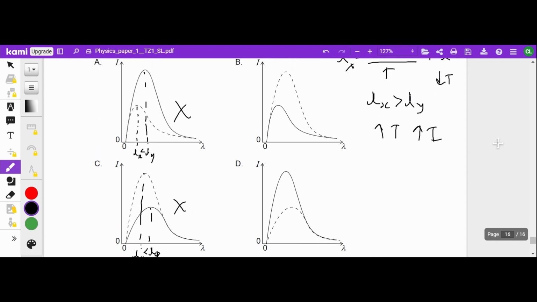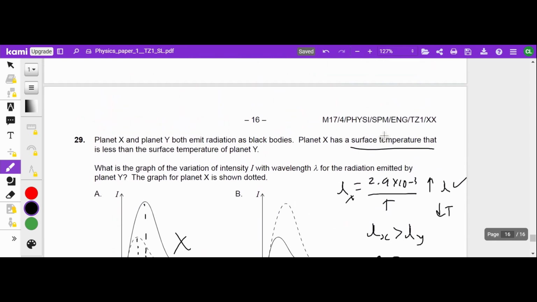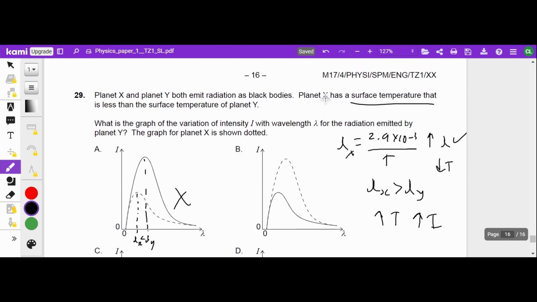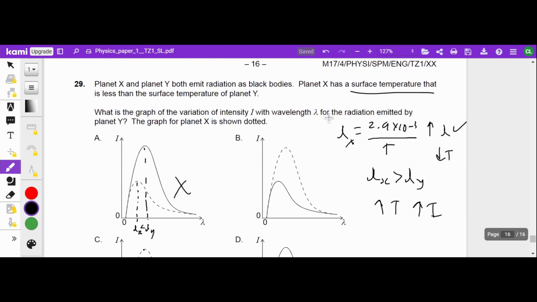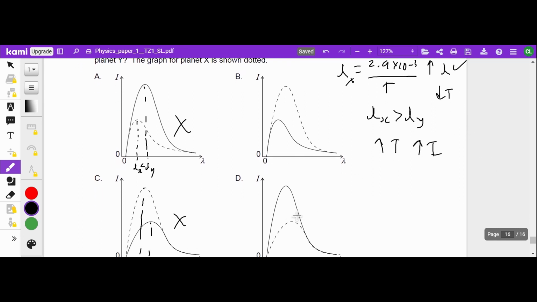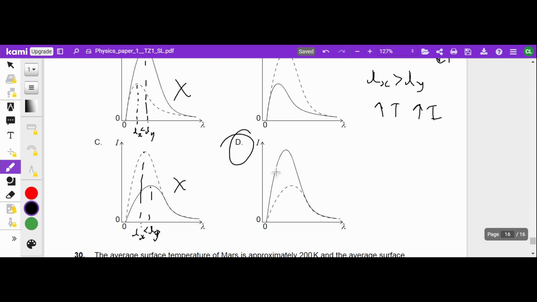So it has to be one of these. Because x has a smaller temperature, the intensity has to be lower. So the answer is D, because the lambda of x is greater than lambda of y, and the intensity of y is more than the intensity of x.